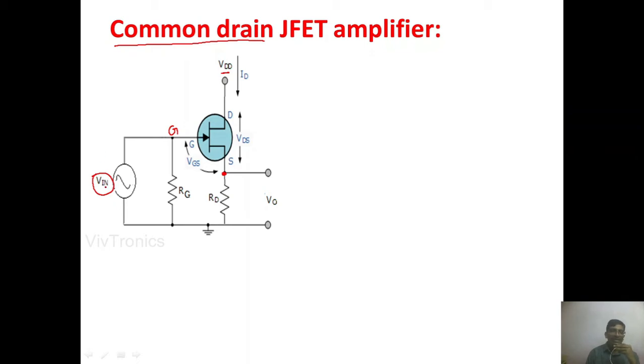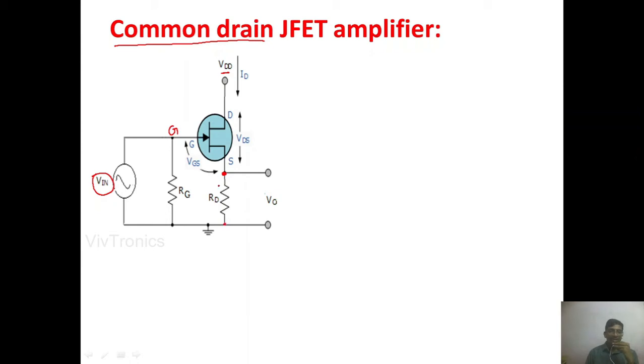The input AC small signal VIN is given to the gate of the JFET, and a source resistance RS is connected between the source terminal and the ground terminal.